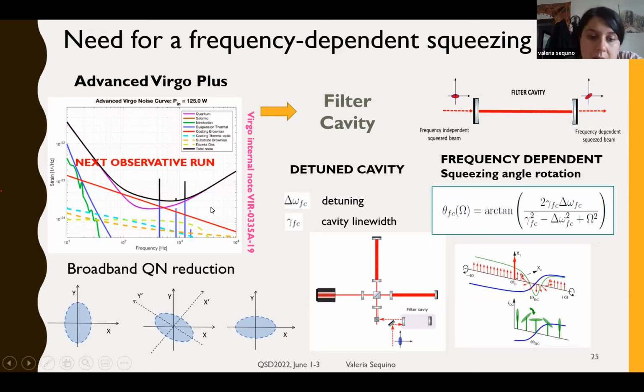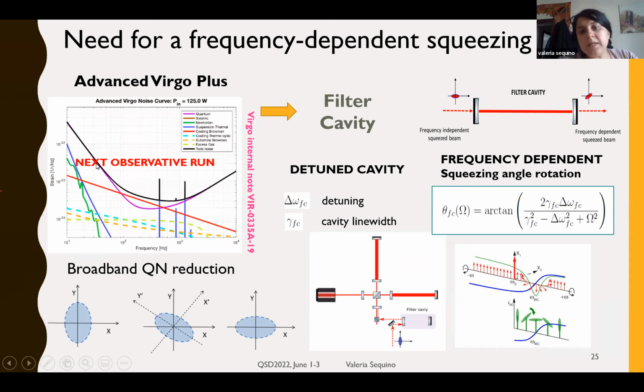Since we still have shot noise, we have to rotate the squeezing angle. We need a phase squeezed state in the high frequency band, and an amplitude squeezed state for the reduction of quantum noise in the low frequency part.